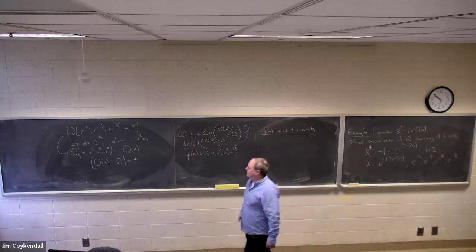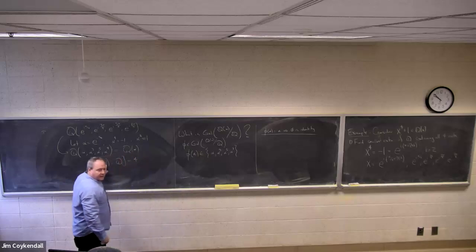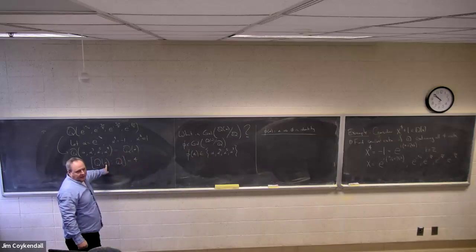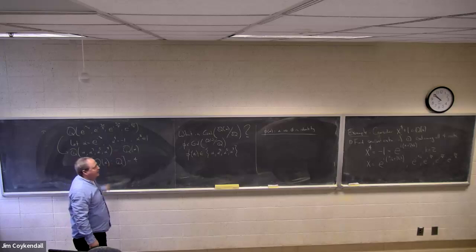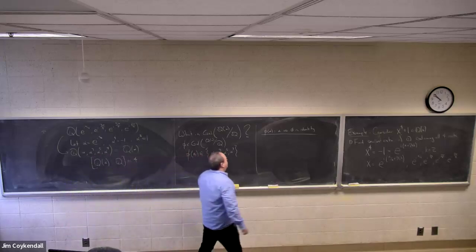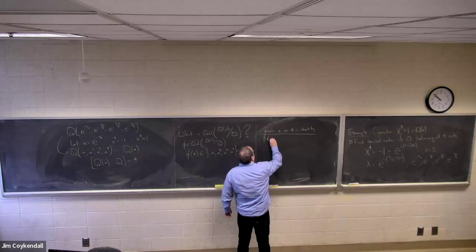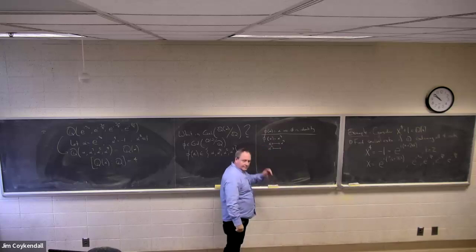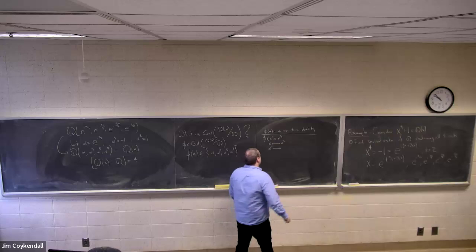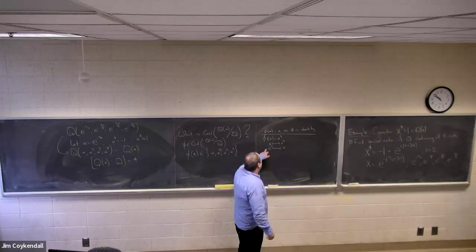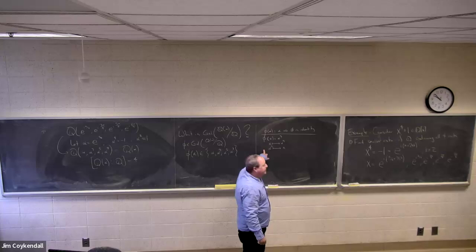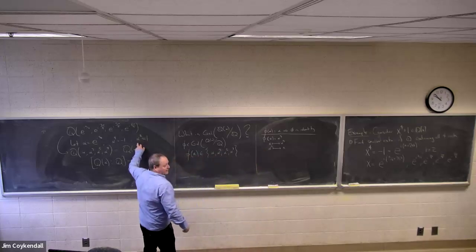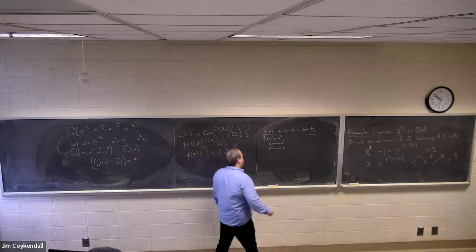If phi of alpha is alpha, that means, of course, this is the identity function. It takes all powers of alpha to the corresponding powers. What if phi of alpha is alpha cubed? Where does alpha cubed go? It goes to alpha cubed cubed, so it goes to alpha to the 9, which is alpha. What about alpha 5?